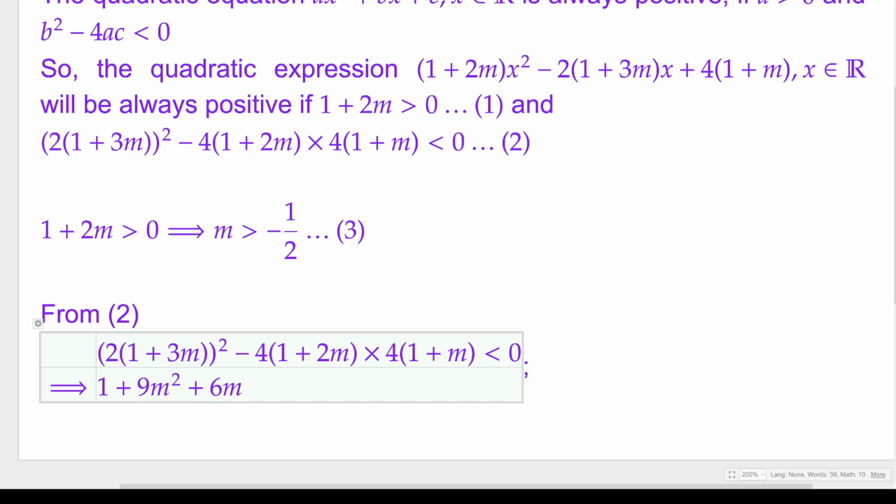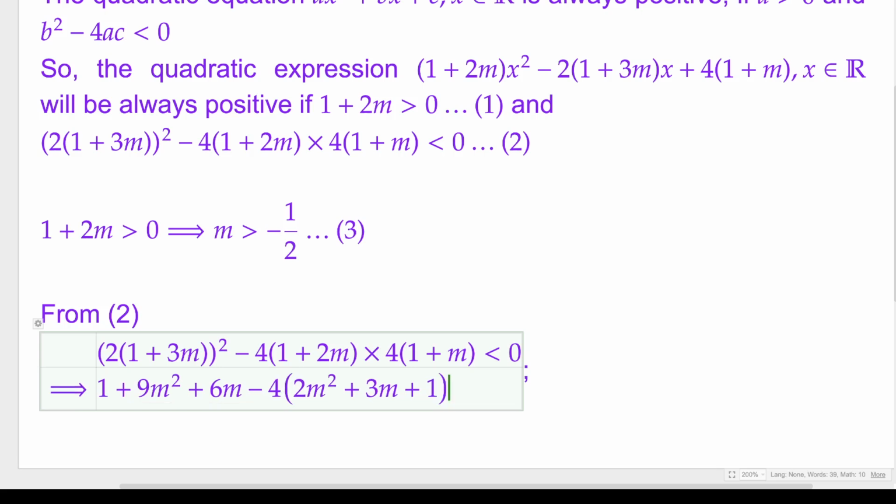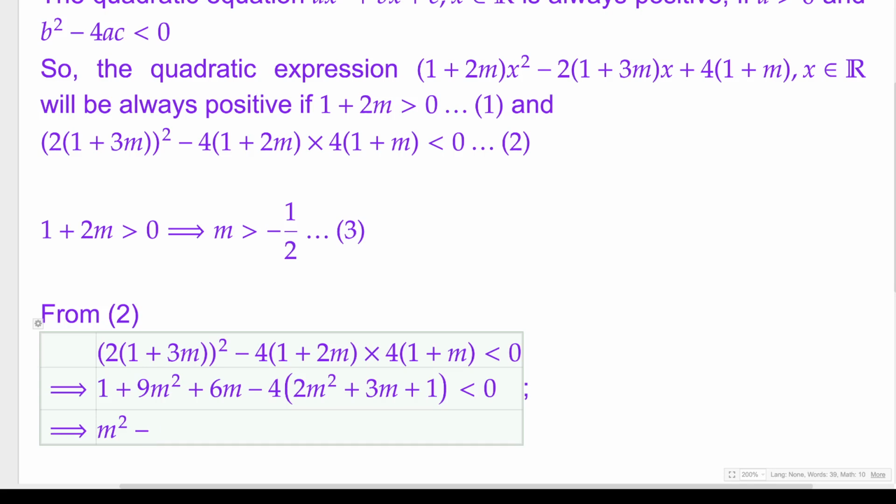On the other side, one of the 4s is taken as a common factor and eliminated, so this is 2m² + 3m + 1, strictly less than 0. On resolving this, we get the quadratic expression m² − 6m − 3 strictly less than 0.